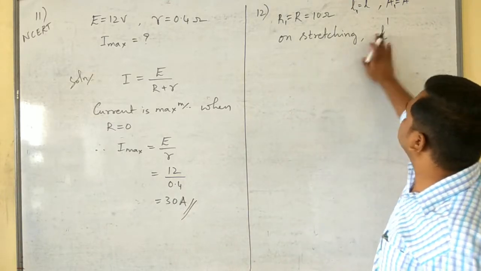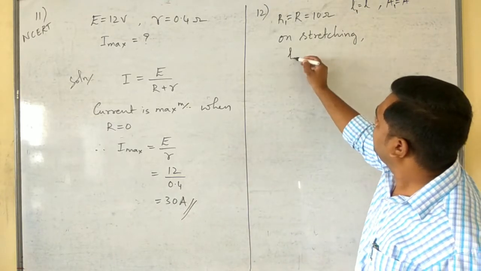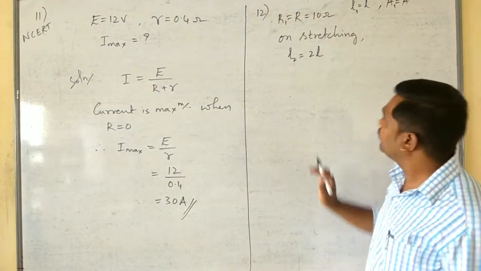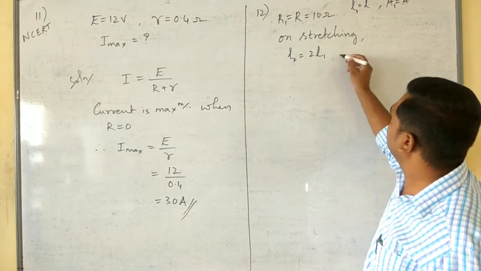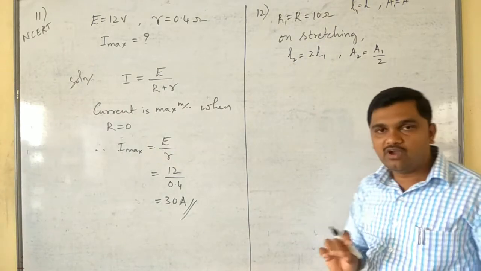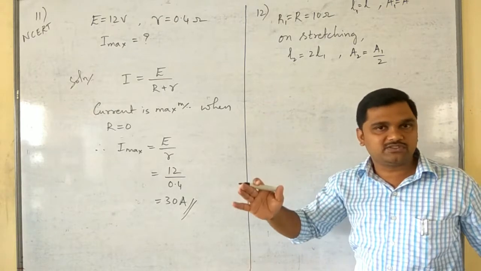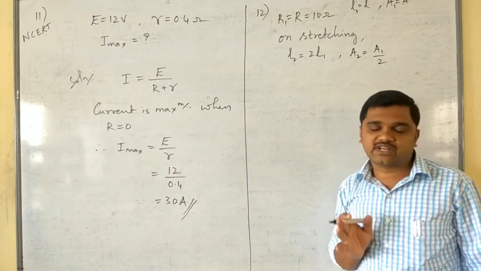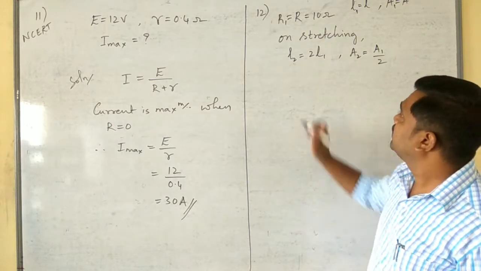Now on stretching, L2 becomes 2 times L, that is 2 times L1, and A2 will become A1 by 2. On stretching, its length doubles, which means uniform stretching, so area of cross section will become half.